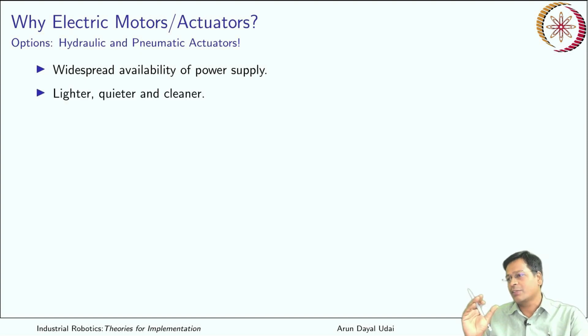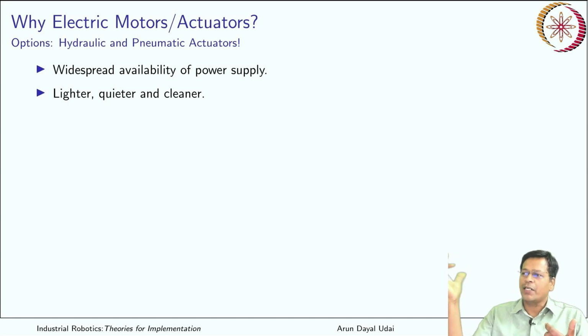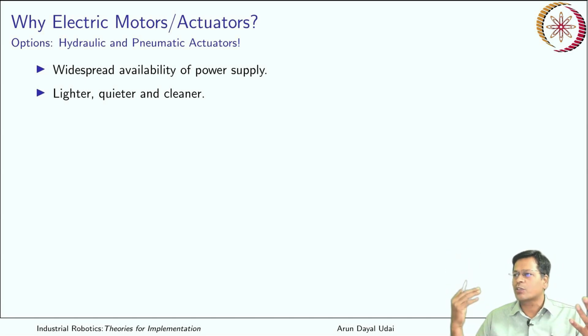It is very, very light because the source remains somewhere else. A hydro power plant or a thermal power station is situated quite far apart. You are getting this electricity by the wires that come to your home. Finally, you are not generating noise all around, so it is lighter, quieter, and cleaner at the site.